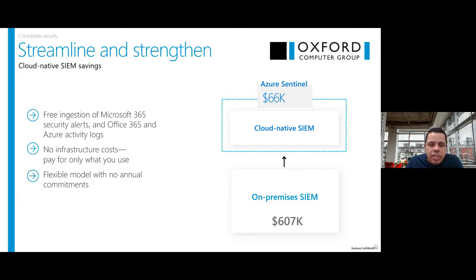Outside of the 365 E5, another area that should be considered is the savings in the SIEM solution, or security information and event management tools. Many organizations today have a SIEM that's typically on-premise.